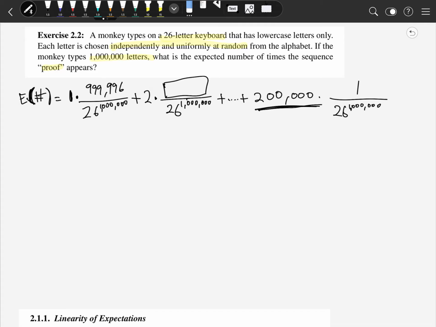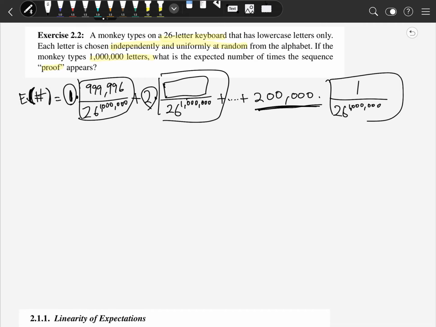So when we are trying to calculate this expectation in this way, we have to calculate the probability that each number is going to have, and this is quite impossible because it's very complicated, and if you try, you're going to hit a brick wall.